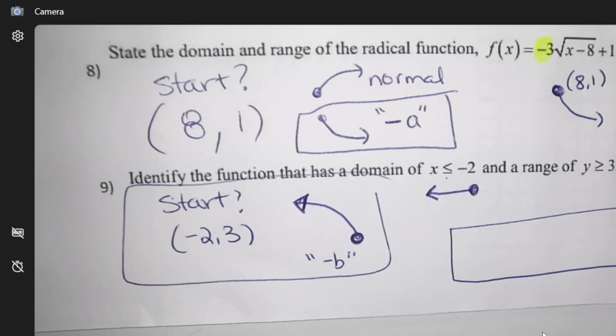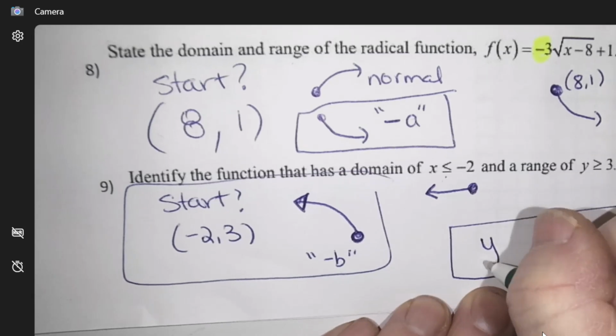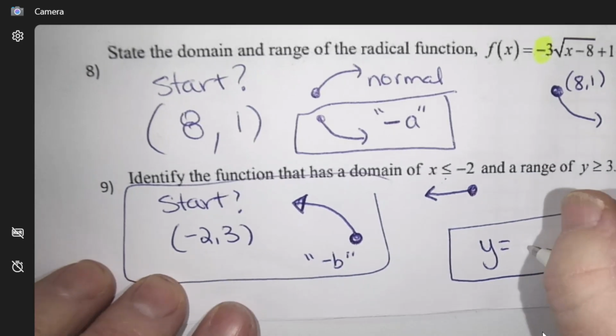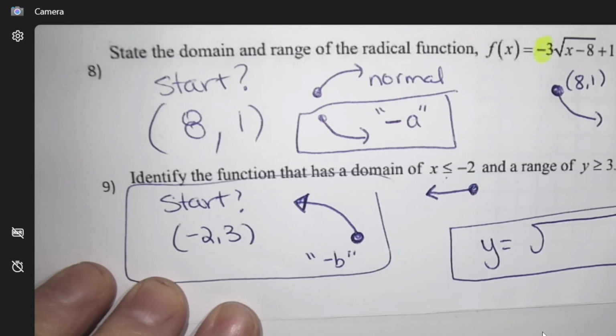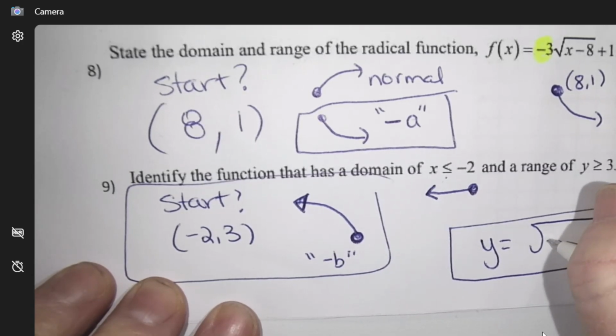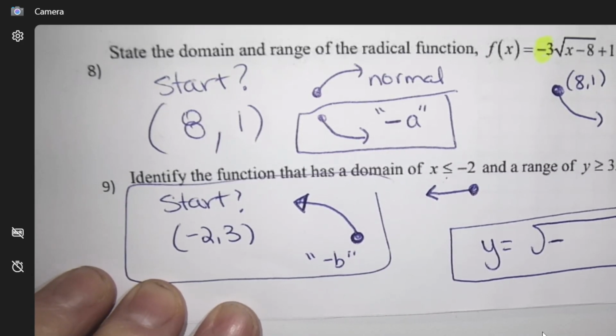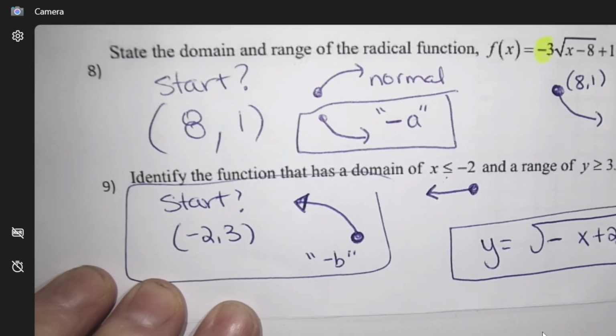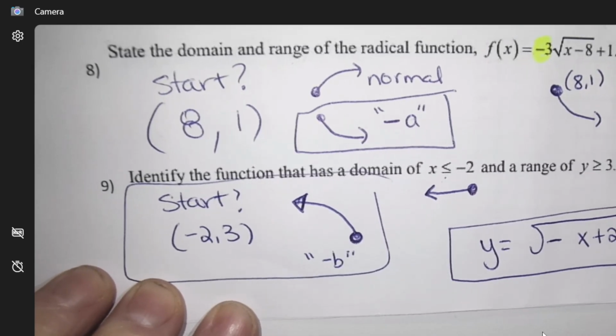Okay, so I need to write an equation. So how am I going to do that? What should I start this thing with? F of x equals or y equals, because it did not specify, so that's fine. Y equals square root, negate, x plus 2 and a plus 3.